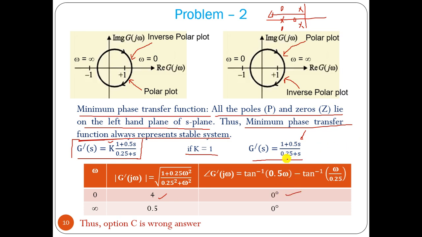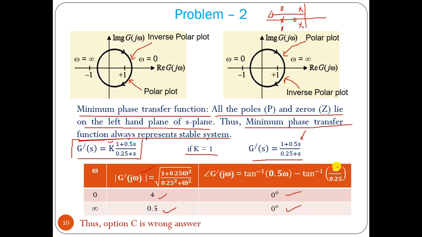Now if we put omega to infinity, taking omega square as common, the magnitude will be 0.5, and this is the angle. If we put omega equal to infinity, this will be 90 degree minus 90 degree, so it will be 0 degree.